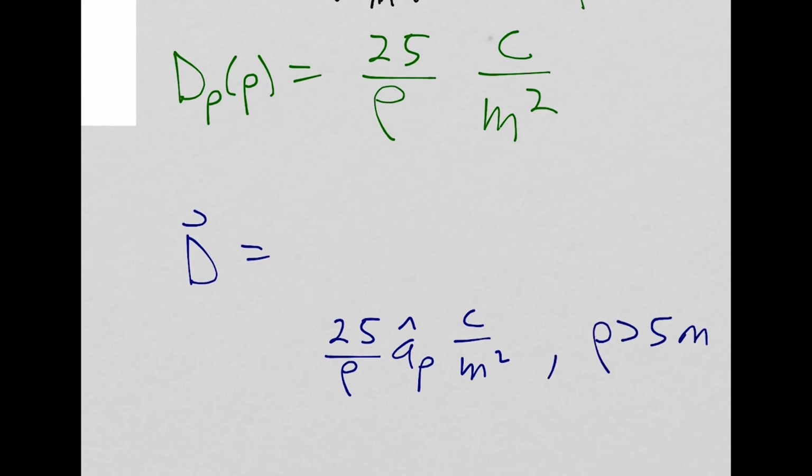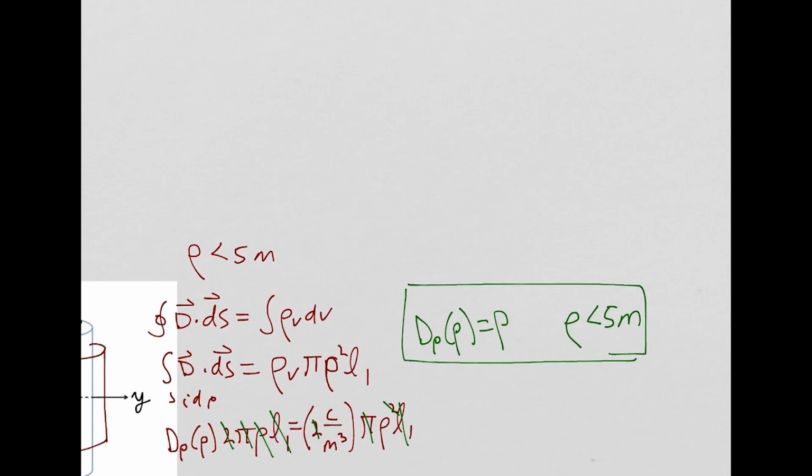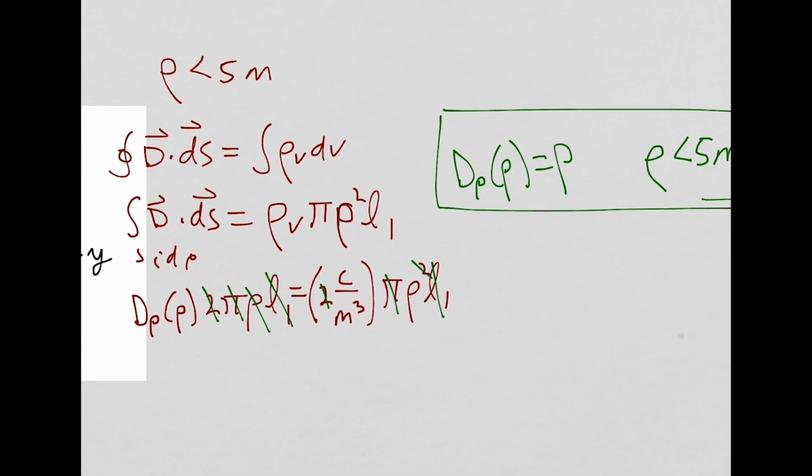Okay, and let's look back to the result we had for when rho was less than 5 meters. Looking at our units, we had coulombs per meter cubed, and then when we put in rho in meters, we'll be left with coulombs per meter squared.